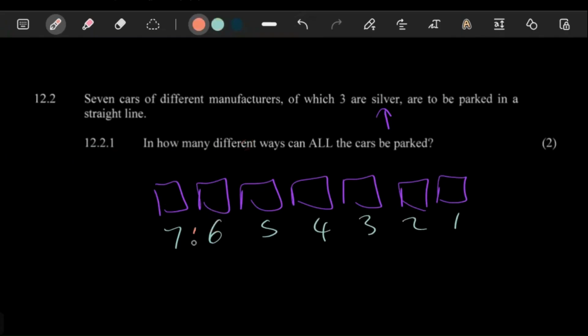Since the numbers decrease all the way to 1, in your calculator you can just put 7 factorial. The factorial symbol is under the mode button if you press shift. So this is 5,040.